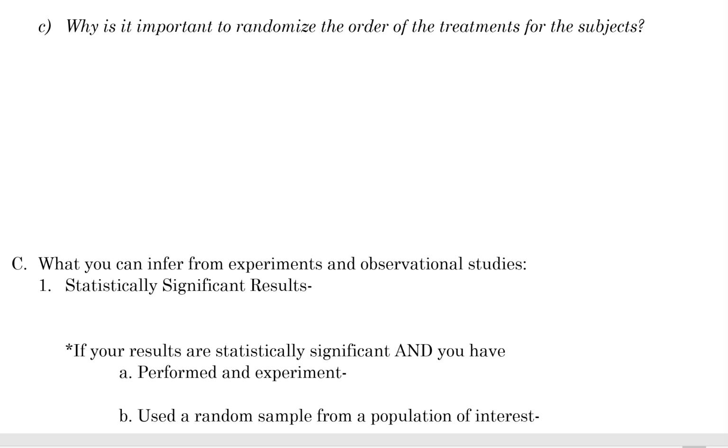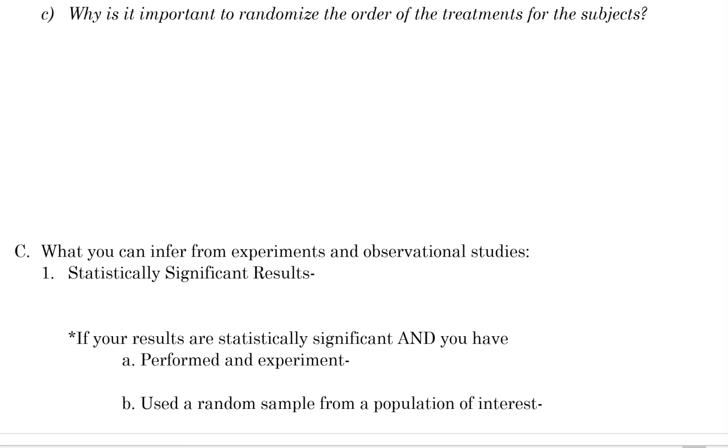And the question that they asked you is, why are you not able to conclude anything? So that's sort of my hint as to why it is important to randomize the order of treatments for the subjects for this example. So kind of try to remember that problem, think about that, and then write a response. Pause the video, obviously, and then resume when you're ready to compare your answer to mine.